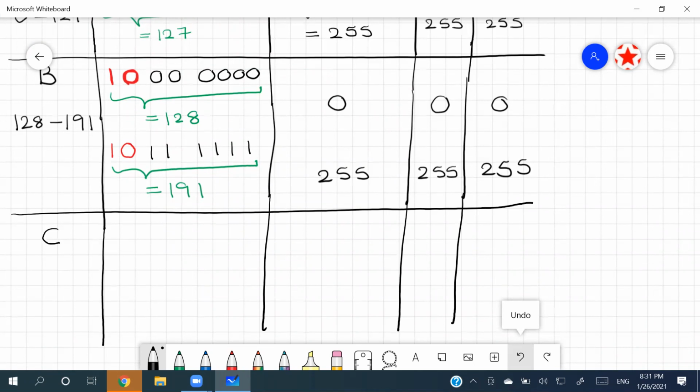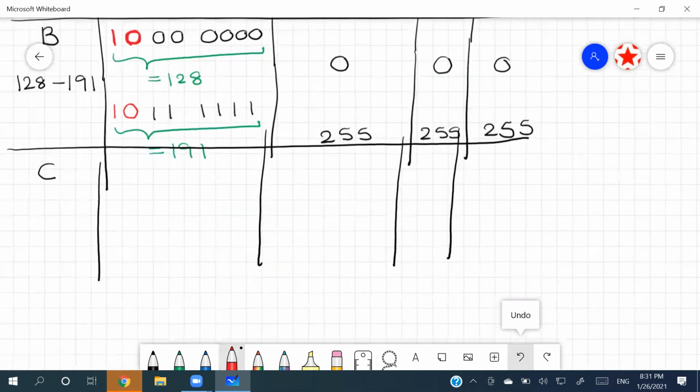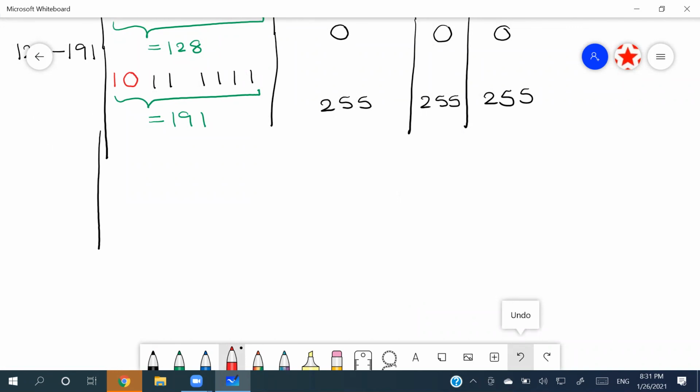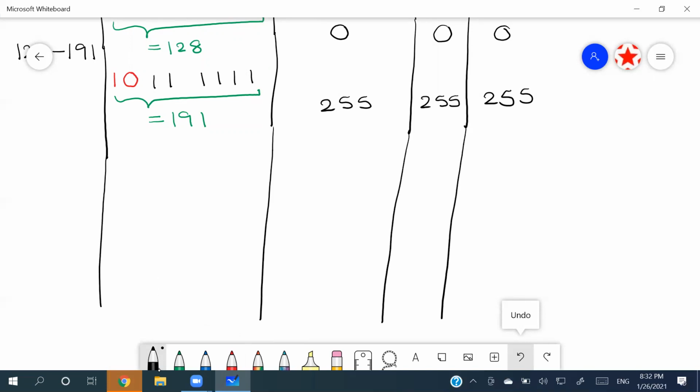So in class C, class C is going to be like this.